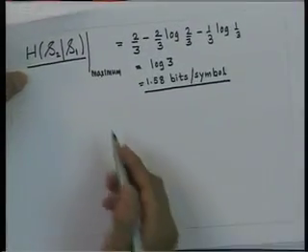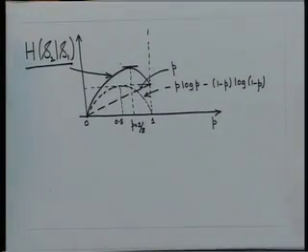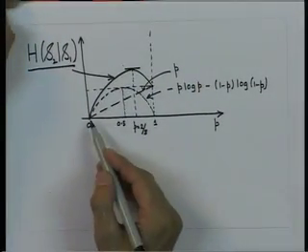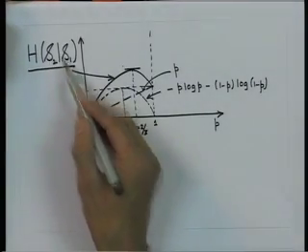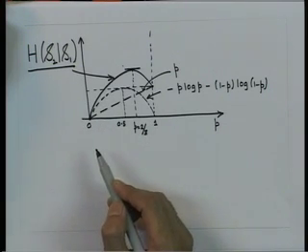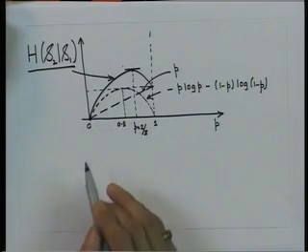Now, let us look at this graph, H of S2 given S1. For p equal to 0, I get this value to be 0. Now, this is expected because at p equal to 0, the source remains in the same state. Therefore, there is no uncertainty, and the amount of information is 0.